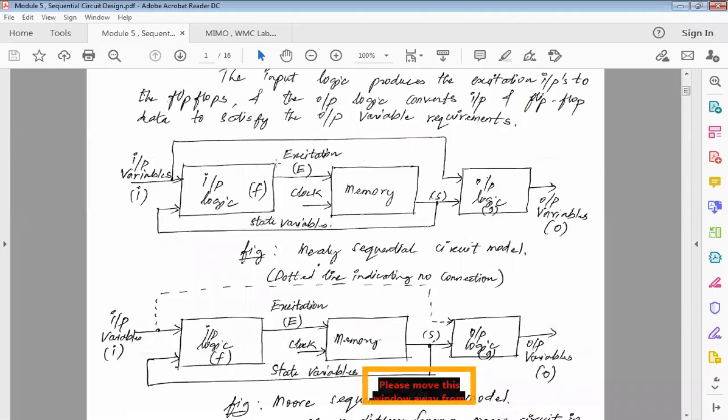Are you all seeing this? So this is nothing but your excitation table.